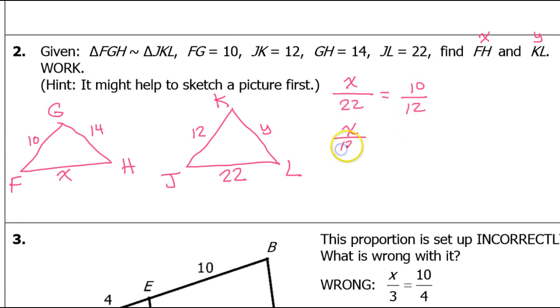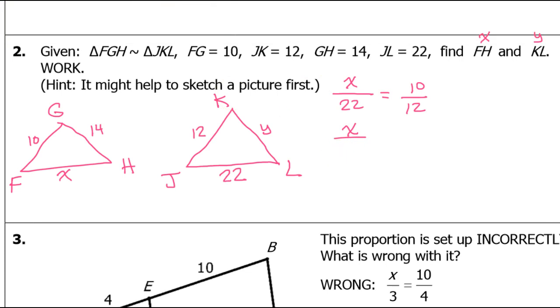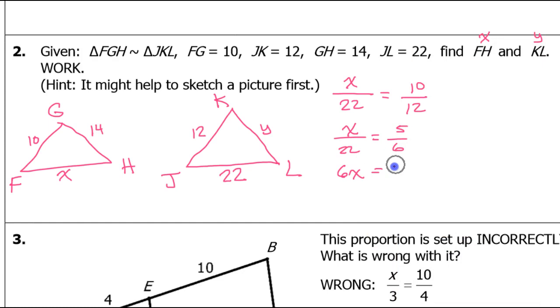Okay, so that's X over 22 equals 5 over 6. So I cross multiply and I get 6x is equal to whatever 5 times 22 is. 110. Then I'm just going to divide by 6.